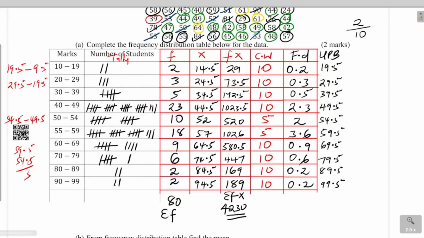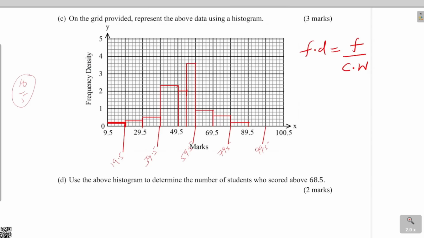The other one is 99.5, 0.2 again. So these will be uniform, like that.